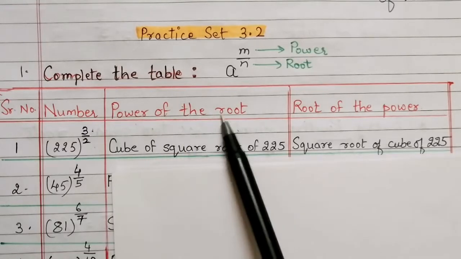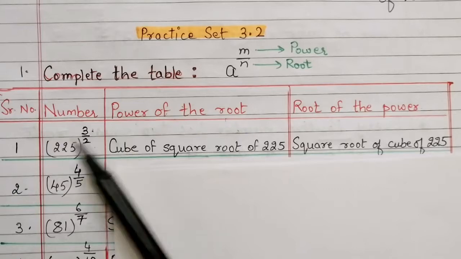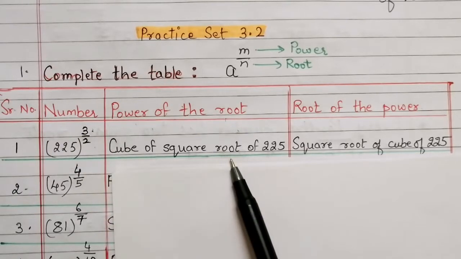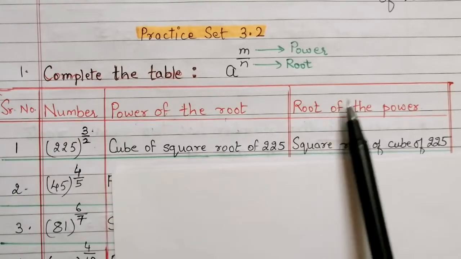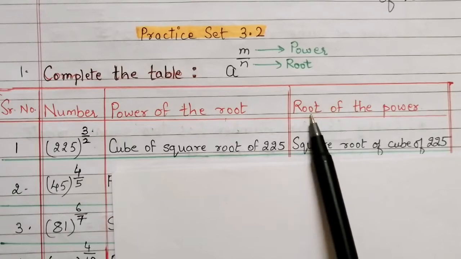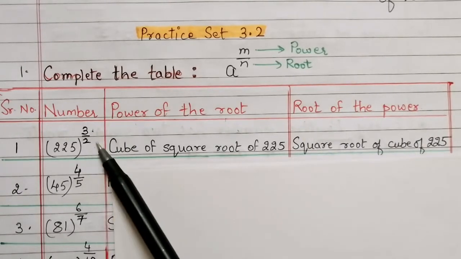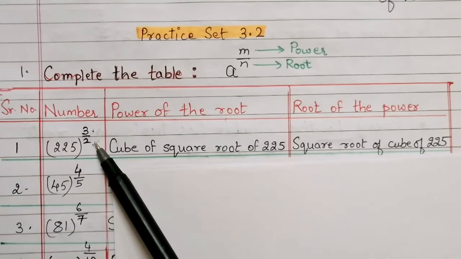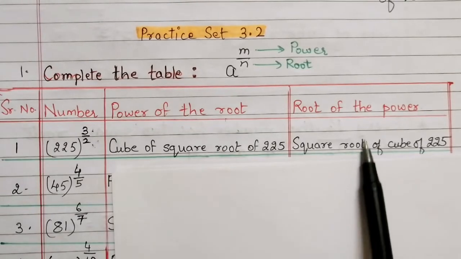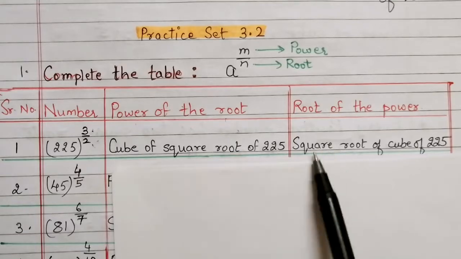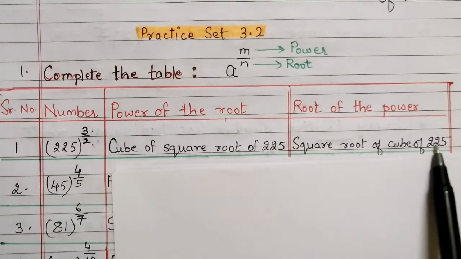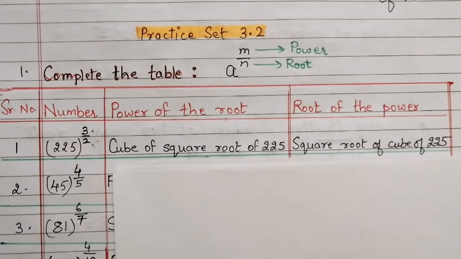This is power of the root: power first, root afterwards. So power is cube, root is 2. Now in this column, root of the power, it means root first and power afterwards. So what is the root here? Root means the lower number, so that is 2, square root. Power is 3. So square root of cube of 225.